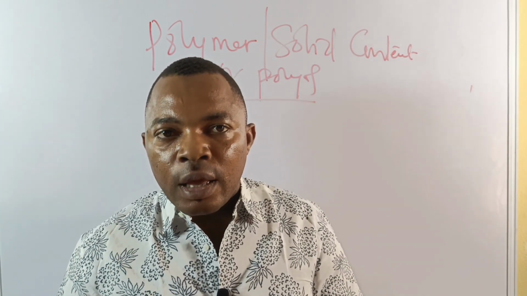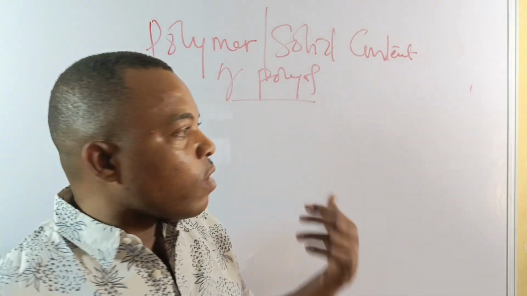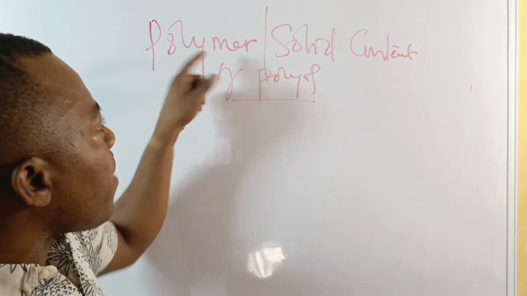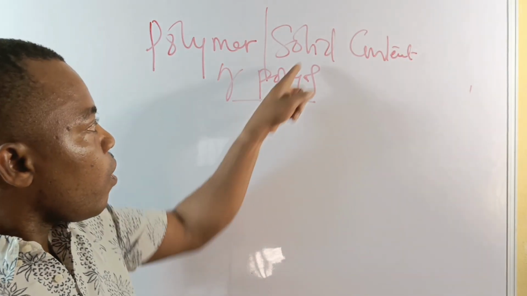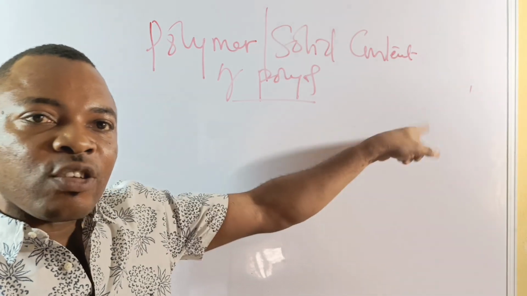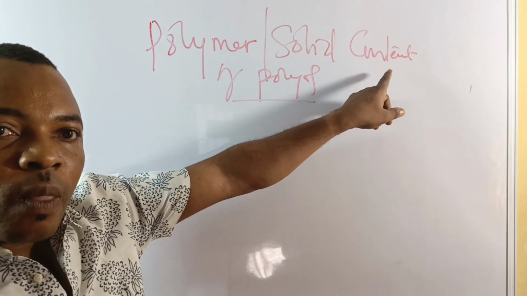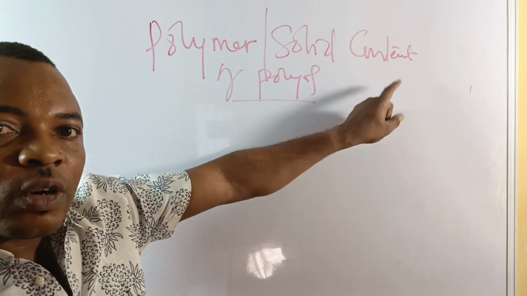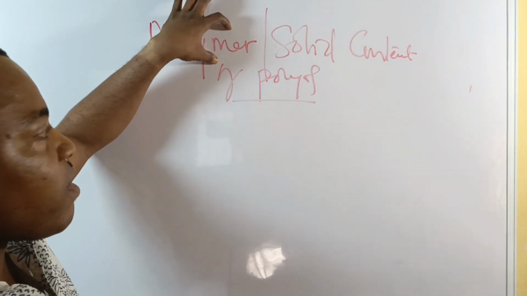Now, in the polymer content means the percentage of polymerized material, excluding inert solid material like calcium carbonate, which is not present here. So that is why people say 10% solid content.